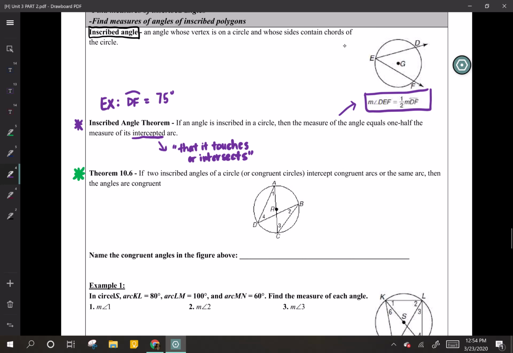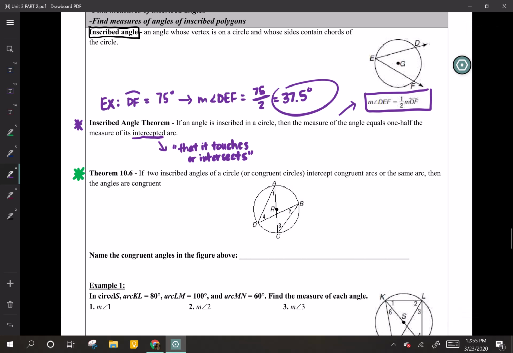What that means is the measurement of that angle DEF is just 75 divided by 2, which would give me 37.5 degrees.